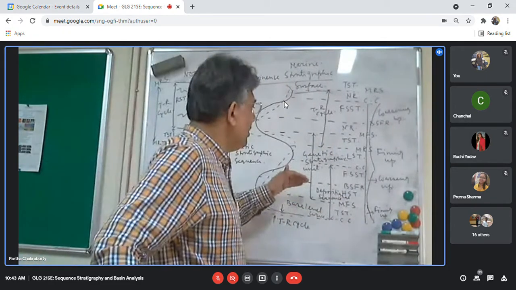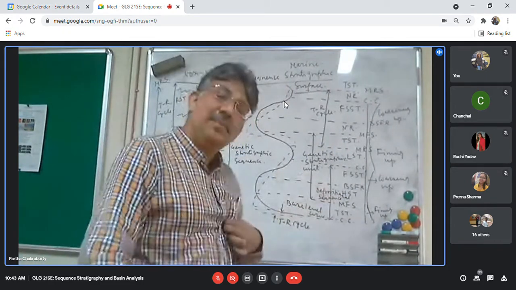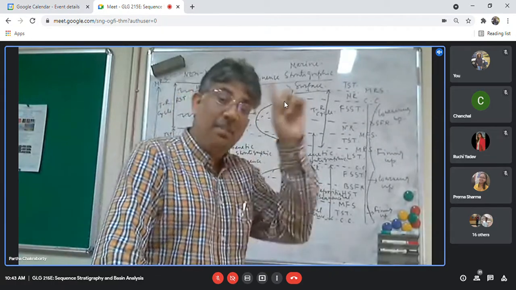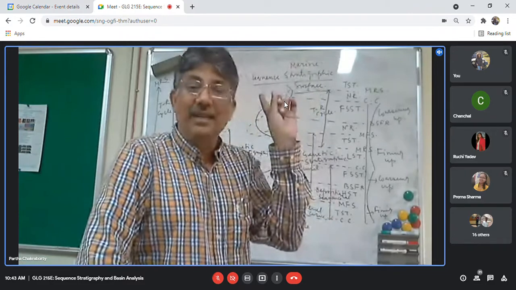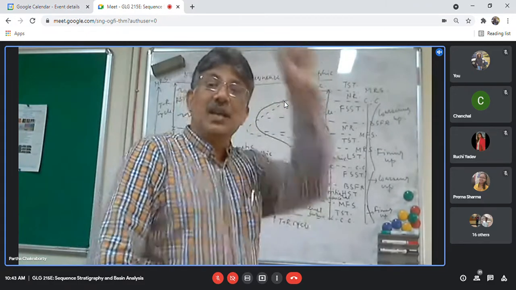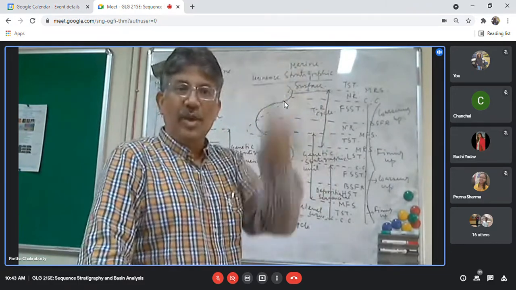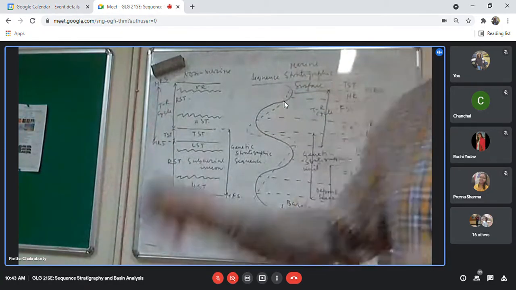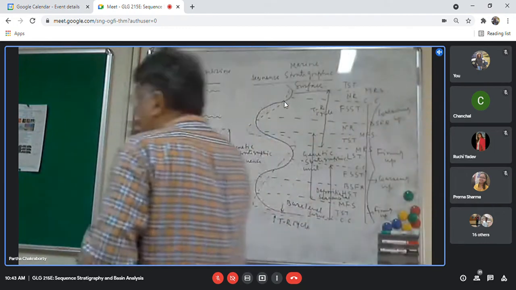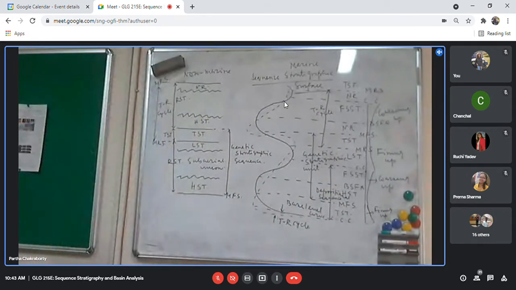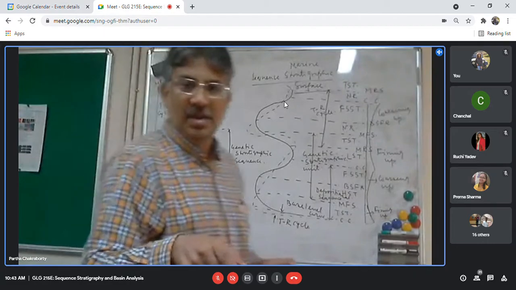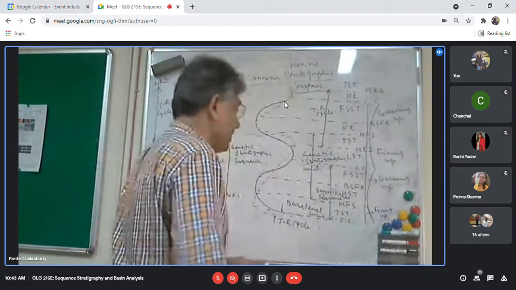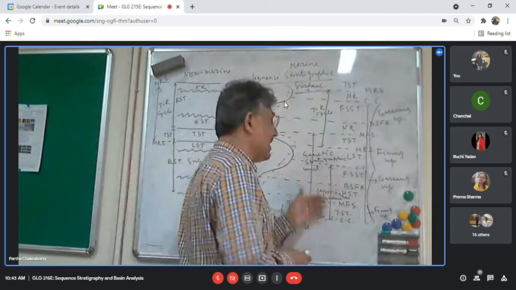Then they subdivided the succession based on the correlative conformity, but at the back of their mind, what is working is the subaerial unconformity. Whenever I am subdividing the succession based on the correlative conformity, I should keep in mind that I am actually subdividing it based on the subaerial unconformity, because that is correlatable to the correlative conformity, and that was proposed by the Exxon group.